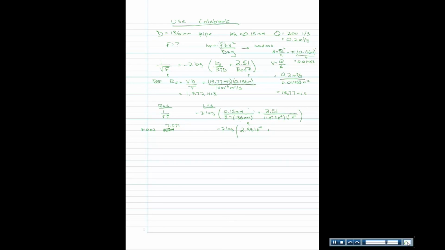This term is 1.341 times 10 to the minus sixth, divided by the square root of f. Okay, so in this case, remember what I'm substituting is let f equal 0.02. So what is that entire term when we make that substitution? We get 7.024. Boy, we're already pretty close, it looks like.